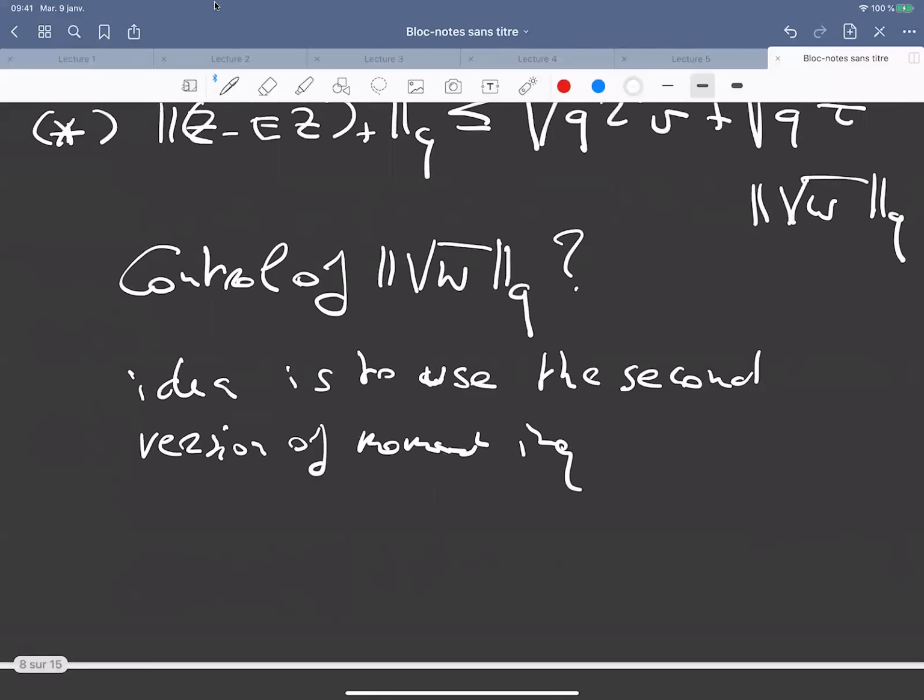So let's do it naively and then correct what we have done.